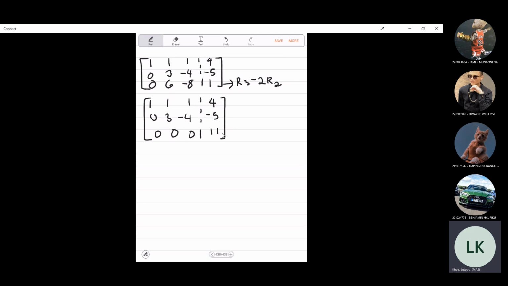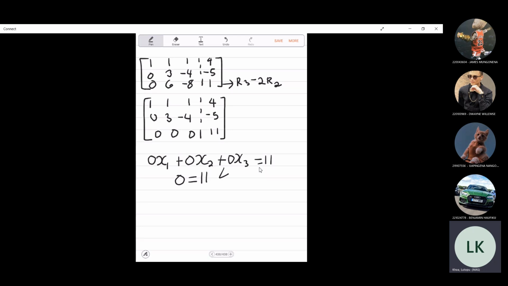Now, when we look at this matrix over here, we can see the last row is not made up entirely of zeros. I have 0, 0, 0, and 11. That means we have 0x1 plus 0x2 plus 0x3 equal to 11, and there's no way this is possible because this would mean that 0 is equal to 11.